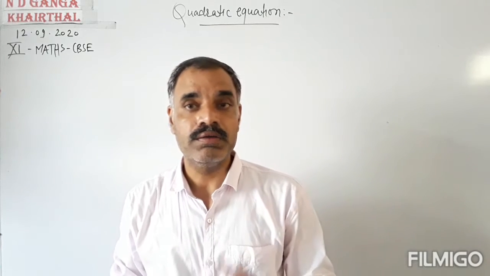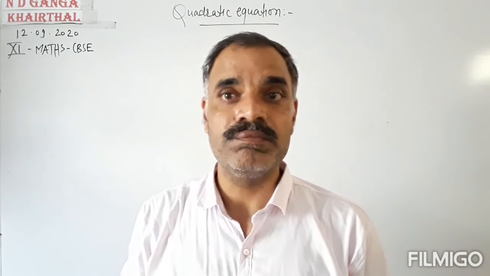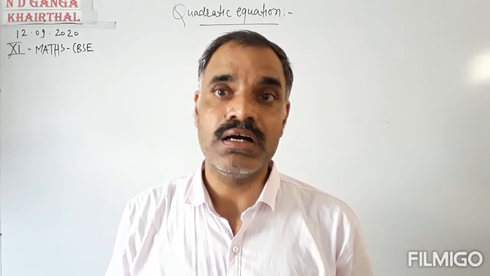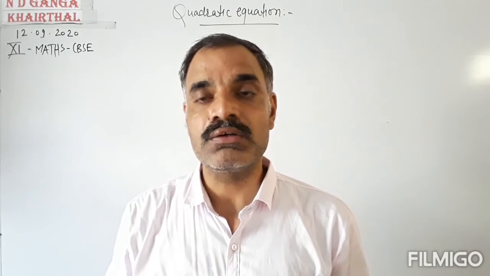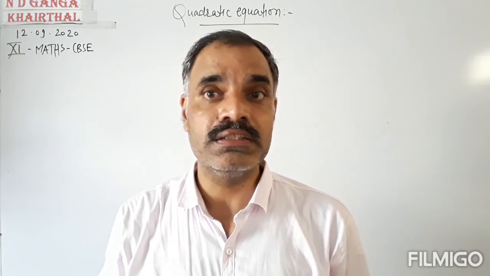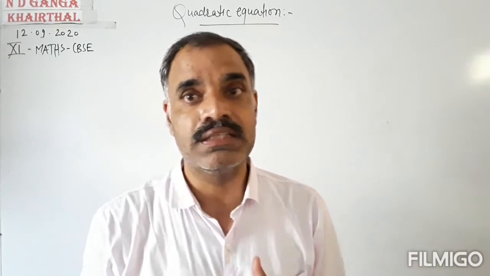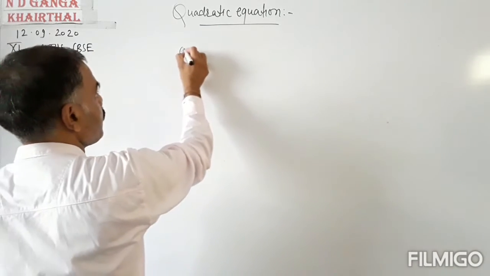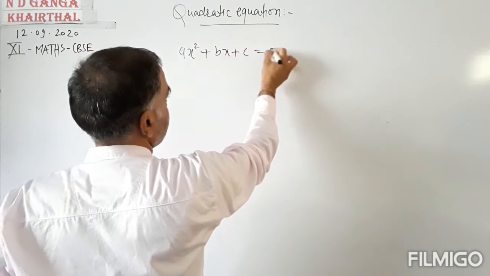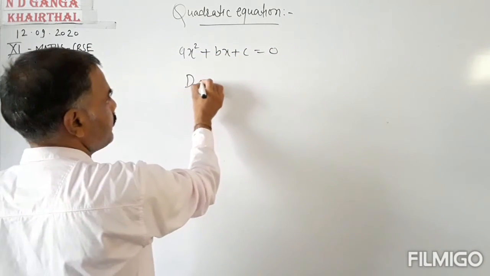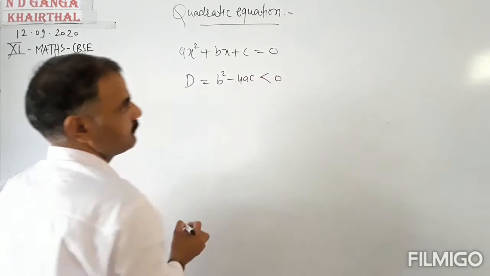Here we will consider the third case, that is D less than 0, which means b square minus 4ac is less than 0. If the given quadratic equation is ax square plus bx plus c equals 0, then the discriminant D is b square minus 4ac, which is less than 0.